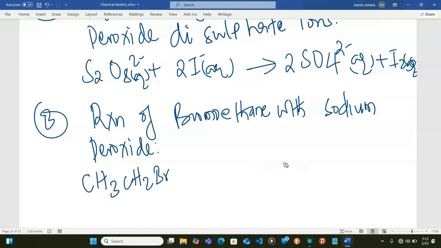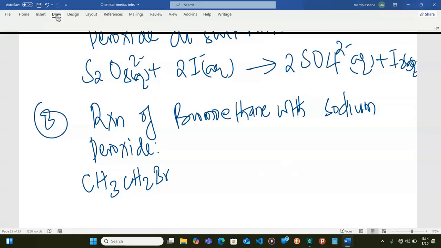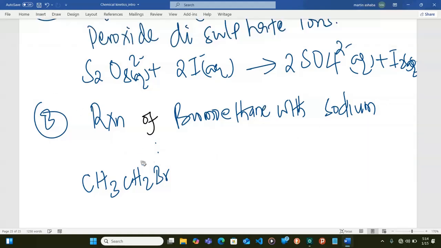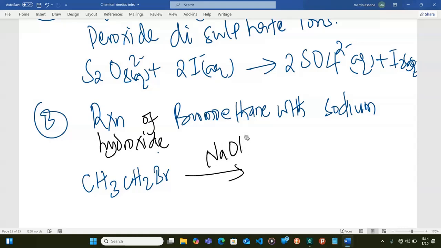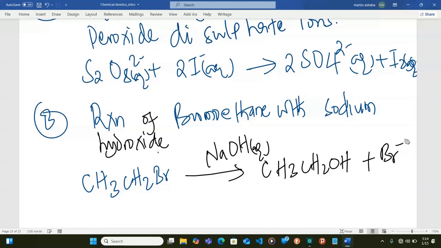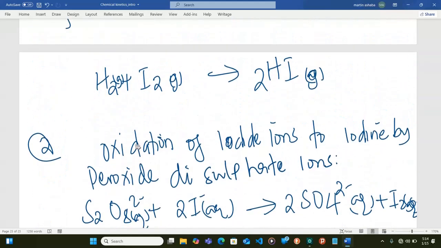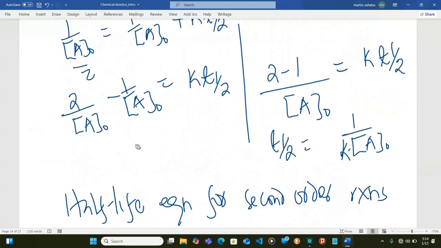We are reacting it with sodium hydroxide, so that when we add sodium hydroxide in aqueous form, we are forming ethanol, and we are adding the bromide ion. So those are the examples for second order reactions as per our discussion tonight.